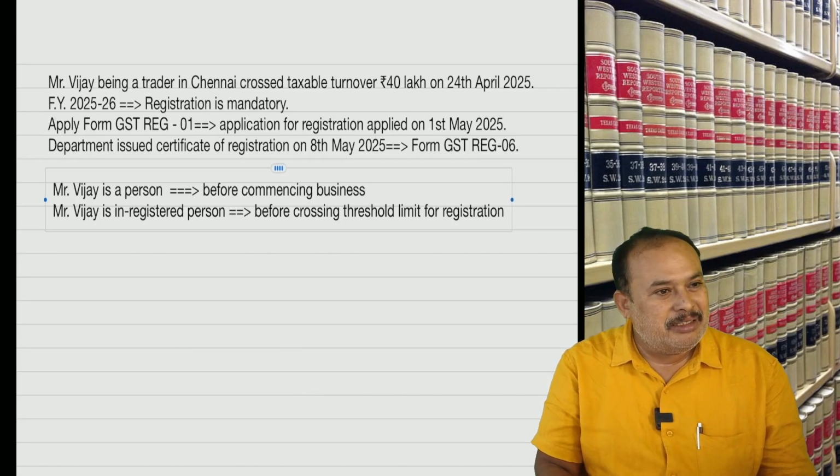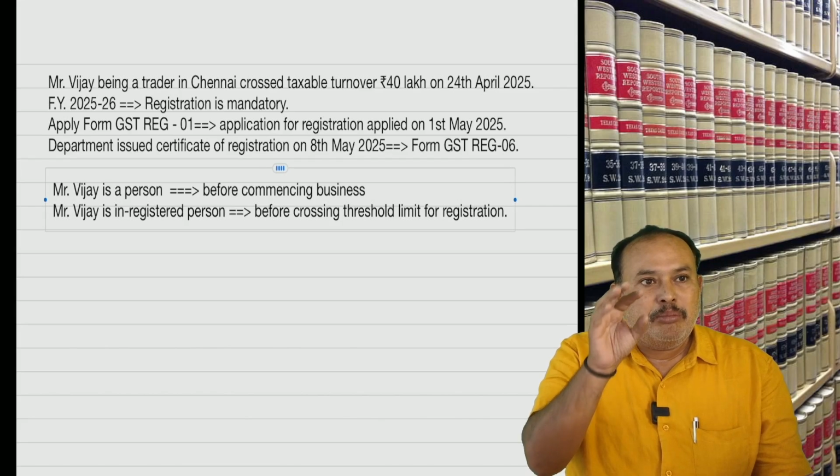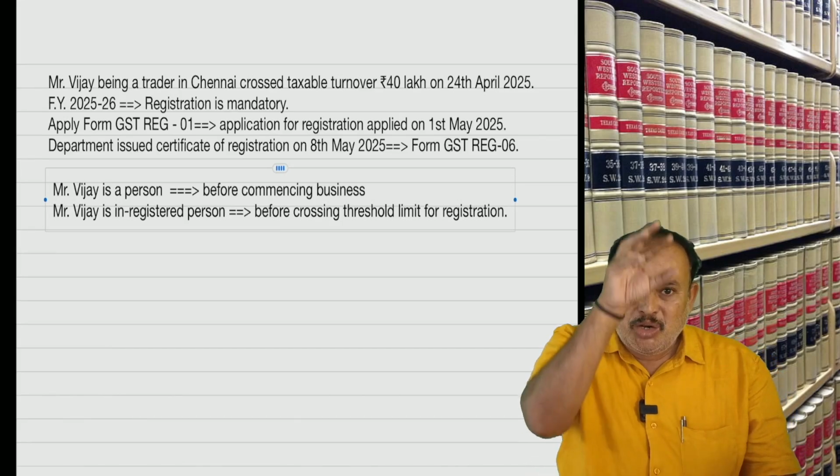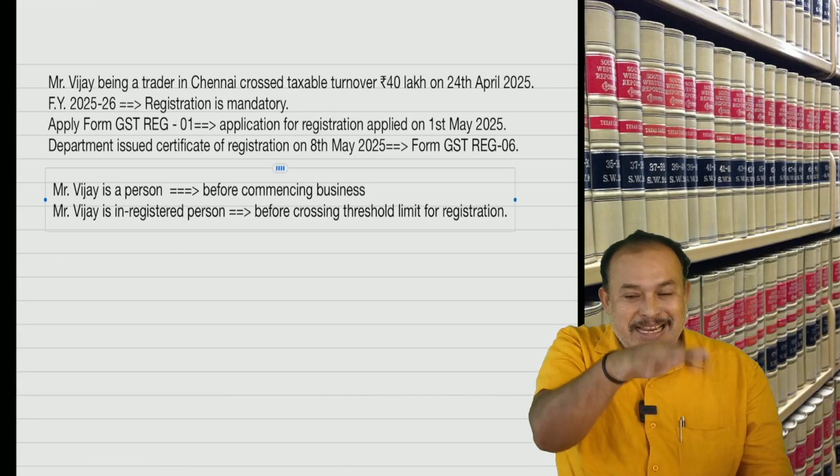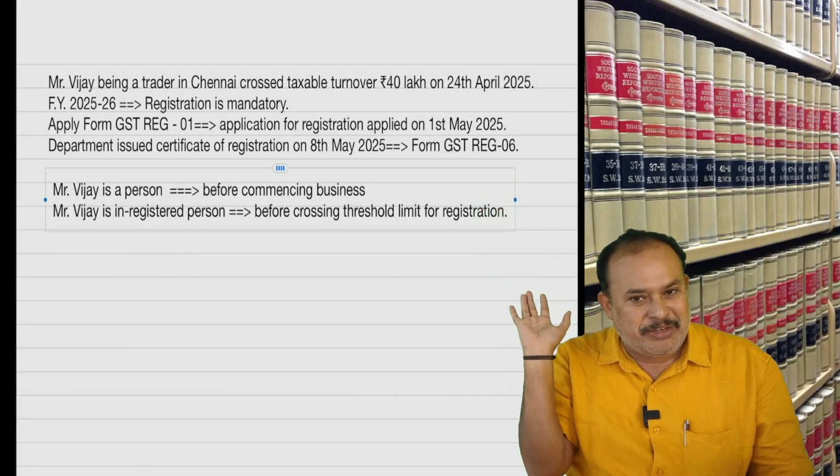Is that clear? That means before commencing the business, he is just a person. Once he commences the business, he is an unregistered person till he reaches the turnover limit. That is the meaning of it.